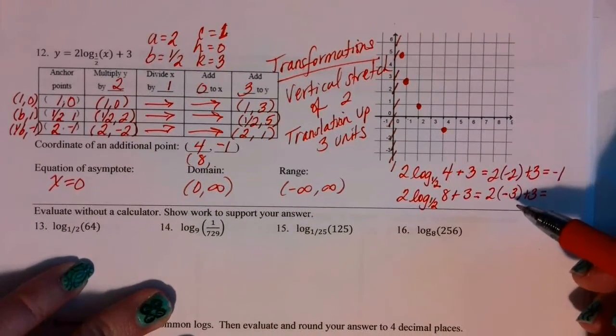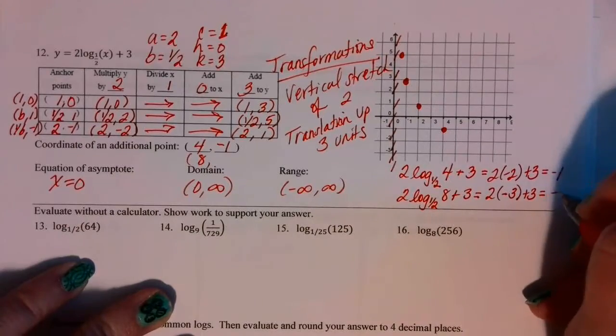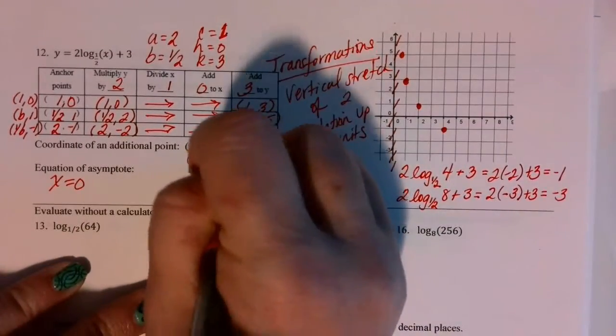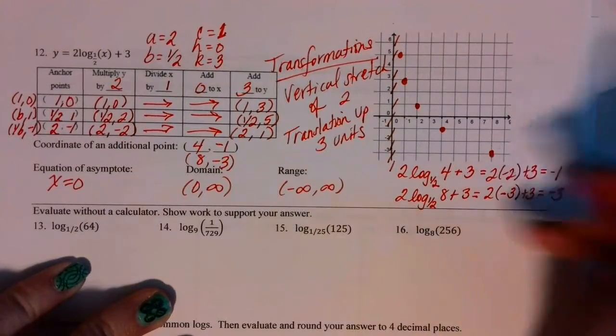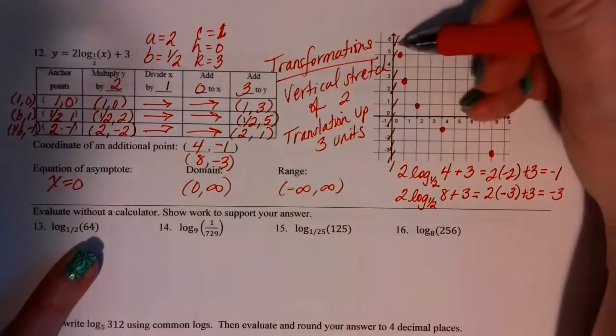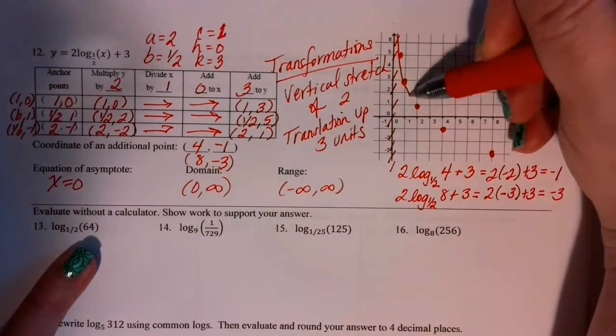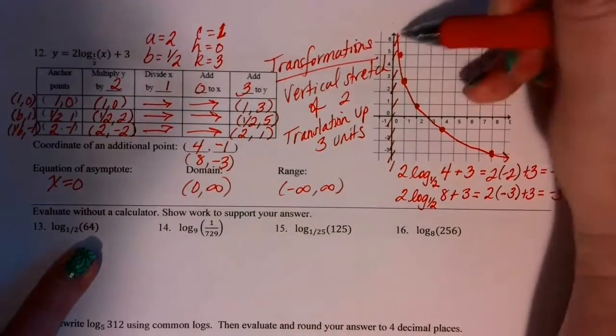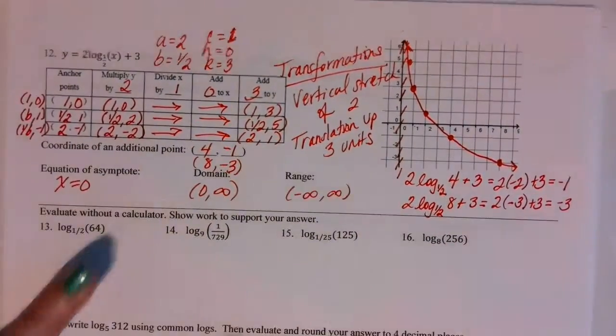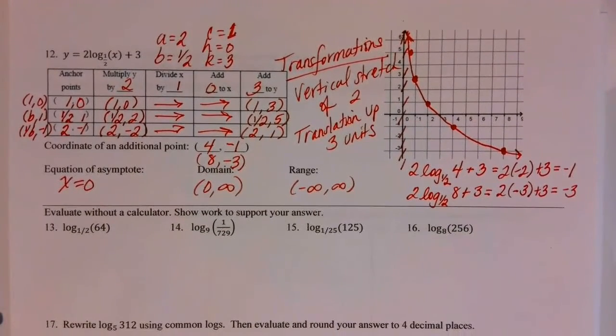That's negative 6. Plus 3 is negative 3. So the point 8, negative 3 is also on the graph. And then I would come along that vertical asymptote and bend through these anchor points that were transformed, and that would be the sketch of the curve.